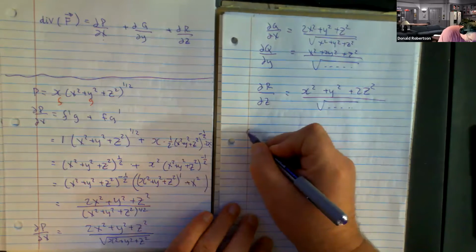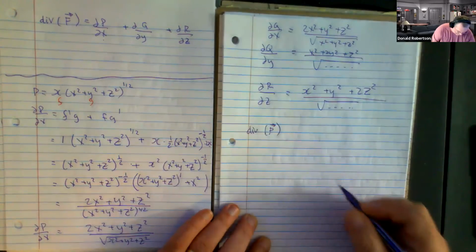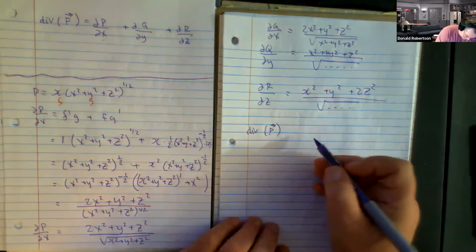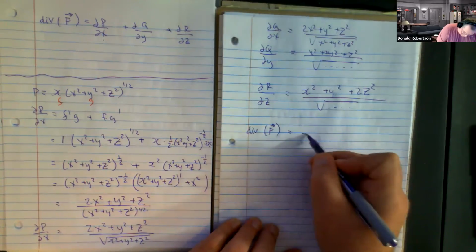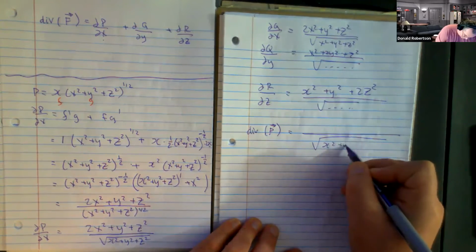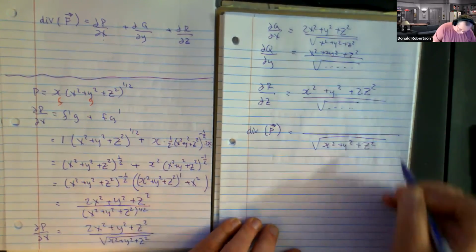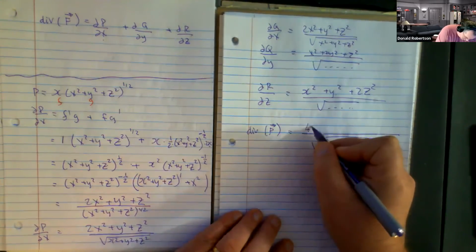Now, we know what the div is. The divergence is what you get when you add these three together. If you add this one and this one together, they all share the ugly square root on the bottom. Right, that's a common denominator. This one plus this one plus this one will get you 4x squared.